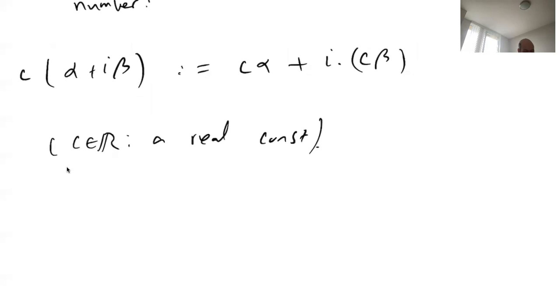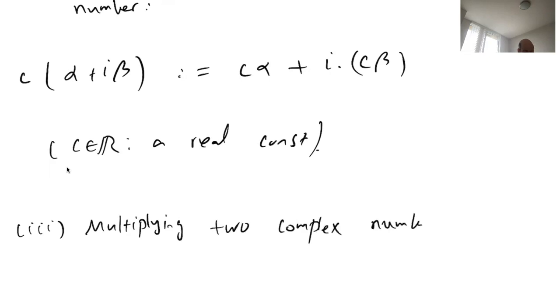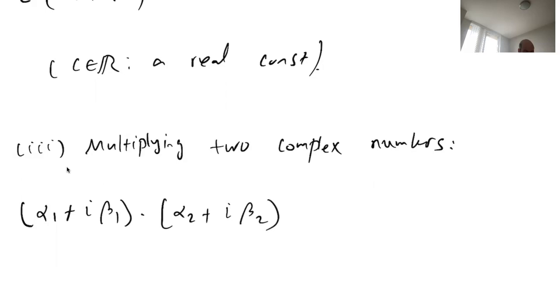Very simple. And then we can also multiply two complex numbers together, let's say alpha 1 plus I beta 1 times alpha 2 plus I beta 2.